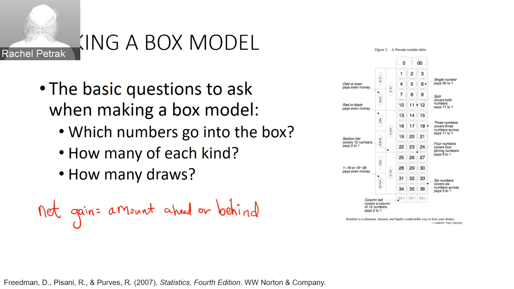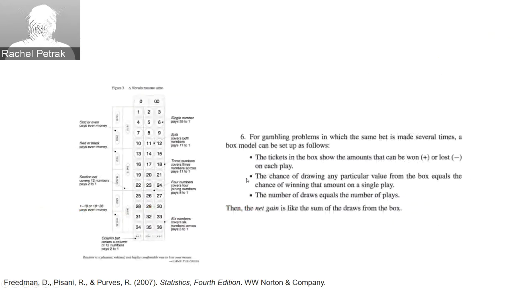The more you keep playing, the more likely you are to end up at an even amount ahead or behind. And so that can be good if you want to take advantage of that in a gambling scenario. You want to do a small number of bets and stop while you're ahead. You know, that's the key thing that tricks people up when they're gambling.